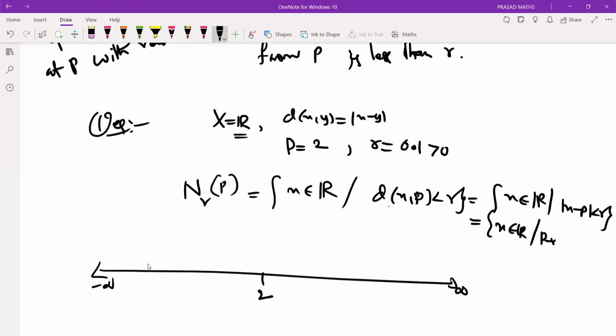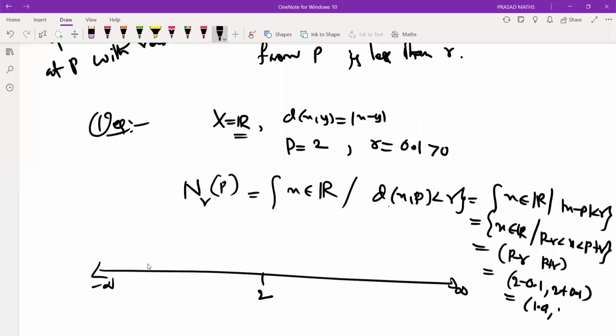P minus R less than x less than P plus R. That means the set of all real numbers lying between P minus R and P plus R. Therefore, P is 2 and R is 0.1, so 2 minus 0.1 and 2 plus 0.1, which is 1.9 and 2.1. So it is the set of all real numbers lying between these.